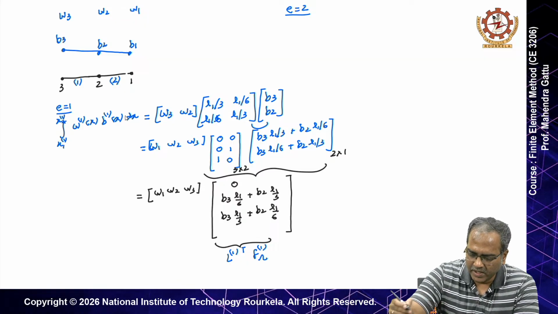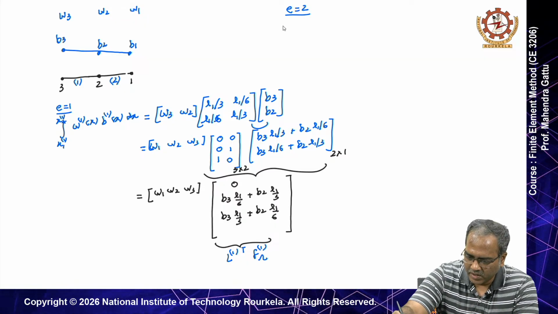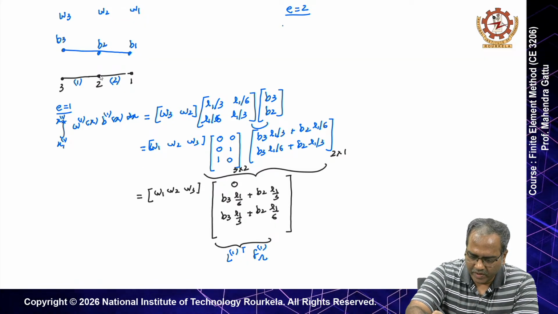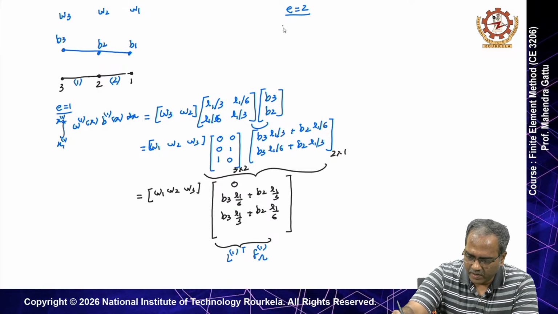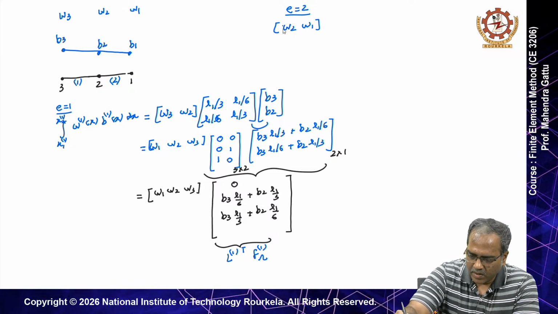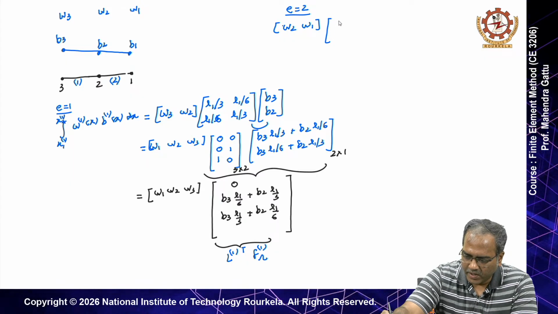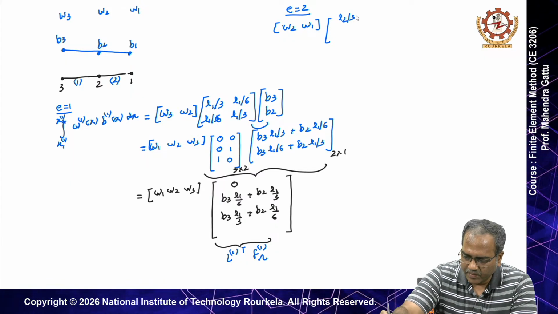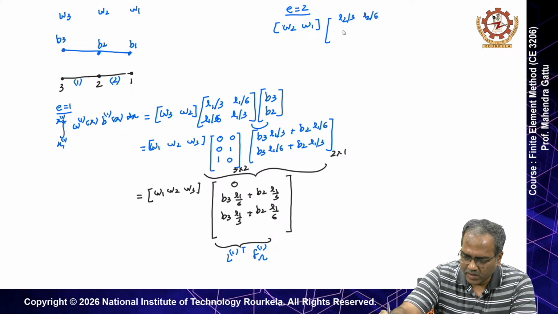So this integral we will write as, now we are operating between node 2 and node 1. So we will have W2 W1 and then the matrix L2 by 3, L2 by 6, L2 by 6, L2 by 3.